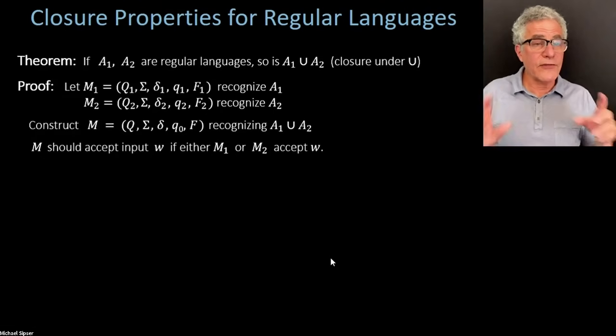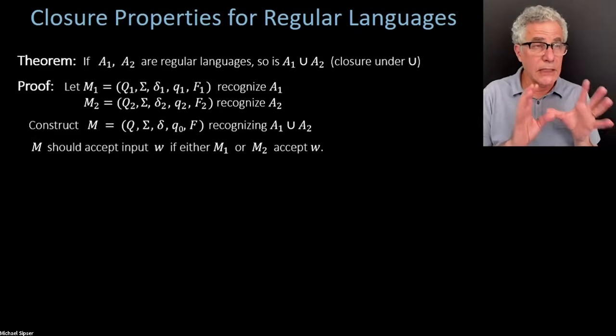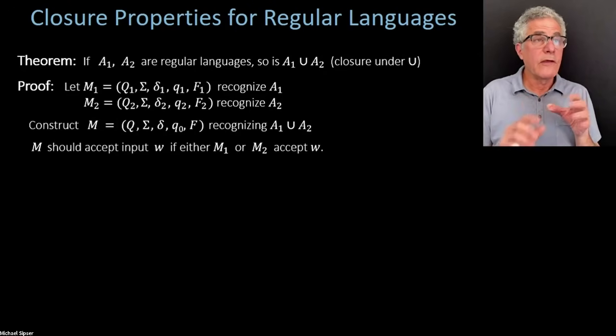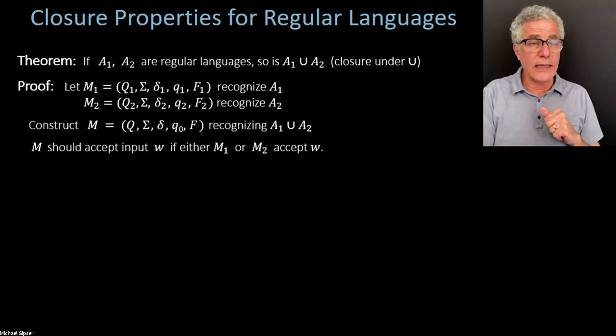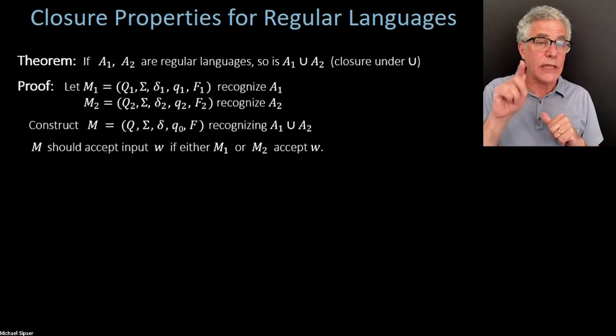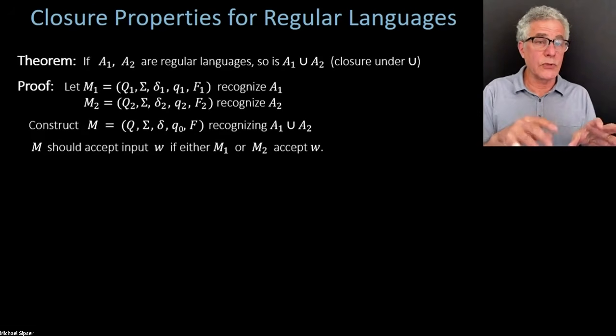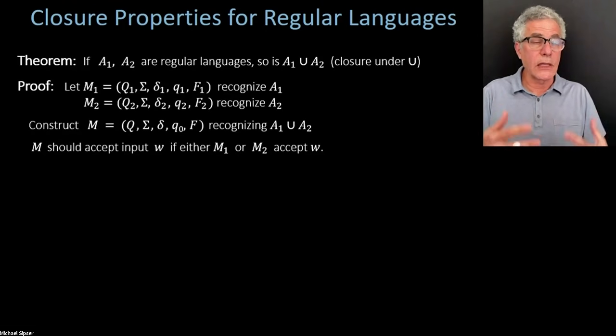So you're going to have to take it to the next level, be a little bit more clever. And instead of feeding it first into M1 and then into M2, you feed them into both in parallel. So you take M1 and M2 and you run them both in parallel on the input W, keeping track of which state each of those two automata are in.